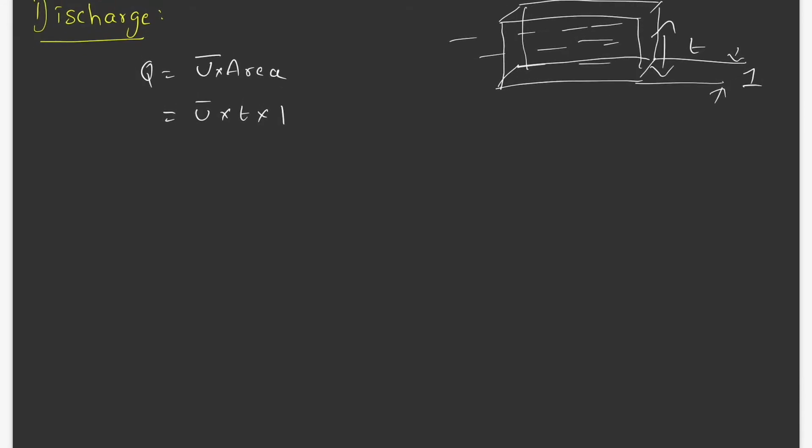To find that, first we have to find the elemental discharge, the discharge through the element that we considered. How will we do that? dQ is equal to u into area of the element. Here u is a function of y. Here we got u as minus 1 by 2 mu into dou p by dou x into (Ty minus y square), which means u is dependent on y value.